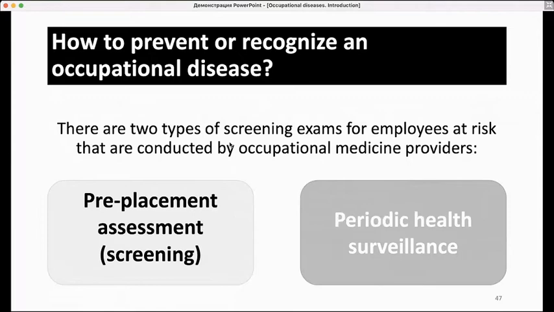In general, there are two types of screening exams for employees at risk that are conducted by occupational medicine providers. We have pre-placement assessment or screening, before getting work, and periodic health surveillance for workers who work.